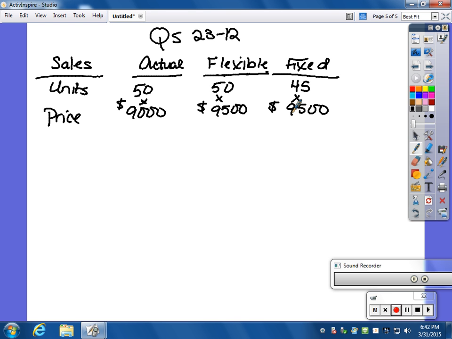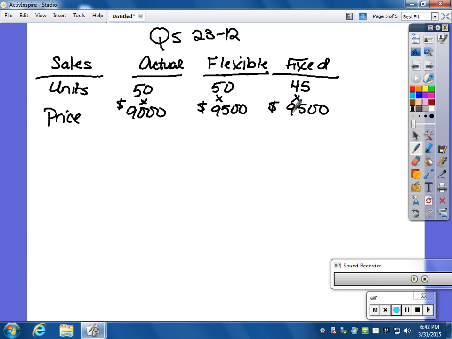Read on page 952, under the paragraph flexible budget performance report. The fifth sentence, maybe, says we prepare this report after the actual volume is known.